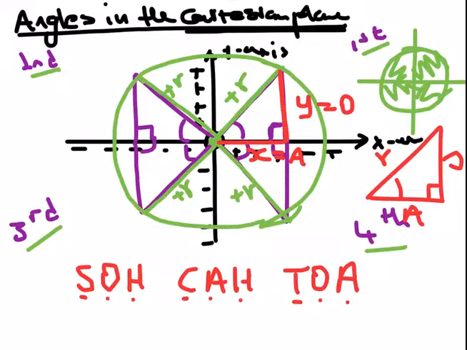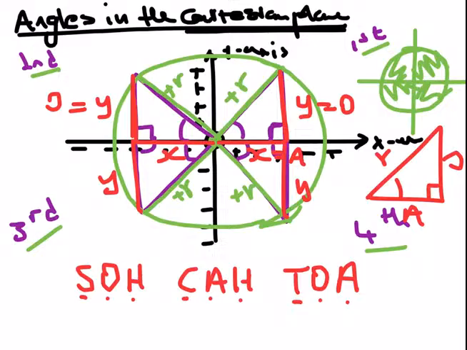The nice thing about having these on a Cartesian plane is that this vertical side will always be our y, being the opposite, and this will always be our x, being the adjacent. Same here, our y is our opposite and our x is the adjacent. So as we continue with this topic, just always remember that our opposite is now y, our adjacent is x, and the hypotenuse is r.